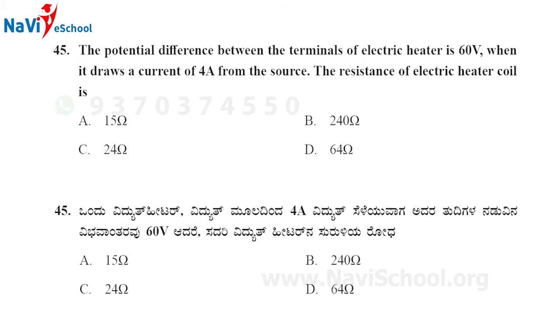Question number 45. The potential difference between the terminals of an electric heater is 60 volt. When it draws a current of 4 ampere from the source, the resistance of the electric heater coil is: option A 15 ohms, option B 240 ohms, option C 24 ohms, option D 64 ohms.